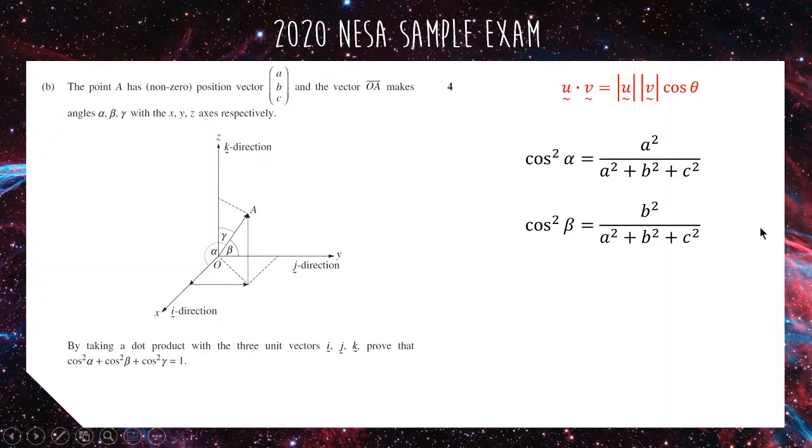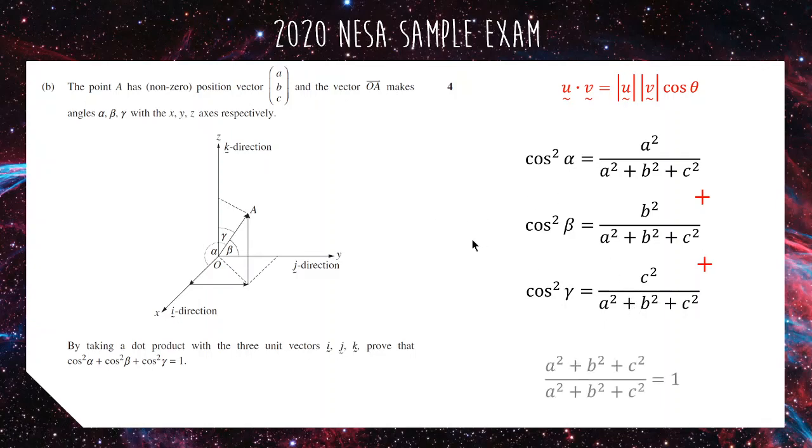And again, if you want to do it again with gamma, with the z-axis, you will get that cos squared gamma is equal to c squared over the same denominator, which is so beautiful because now if you sum the three together, which is what the question is asking, they all have the same base. So what are you going to end up with? You're going to get a squared plus b squared plus c squared divided by a squared plus b squared plus c squared, which is obviously 1.